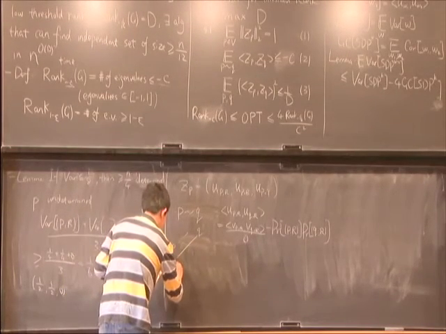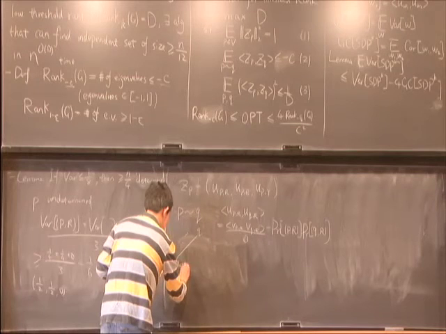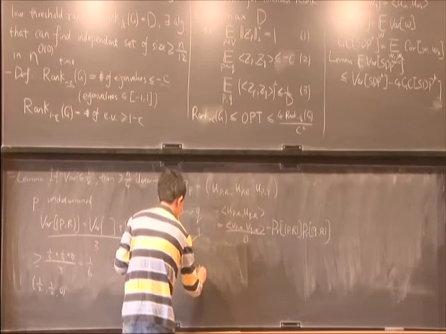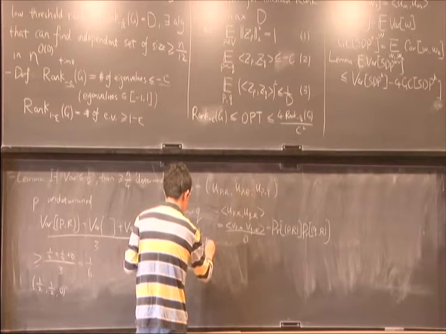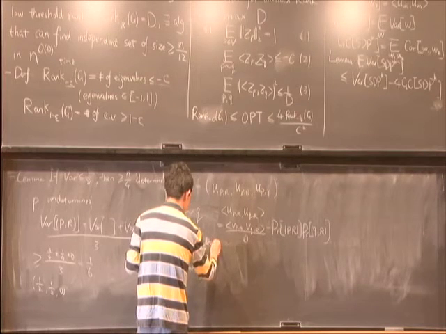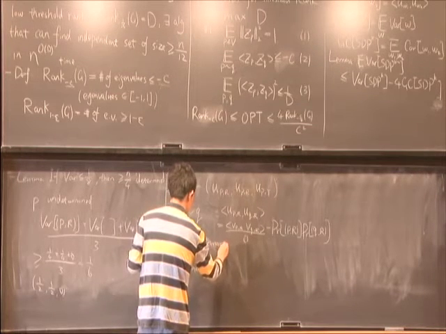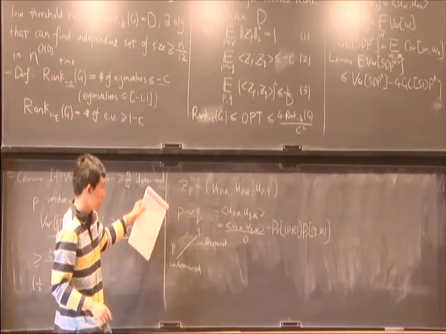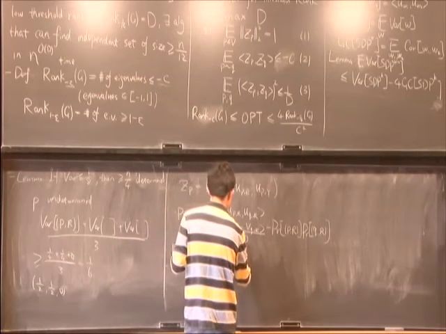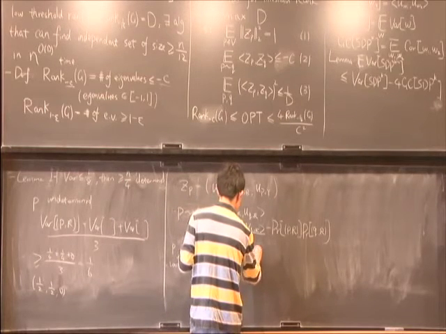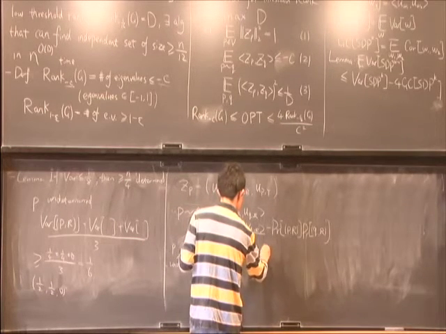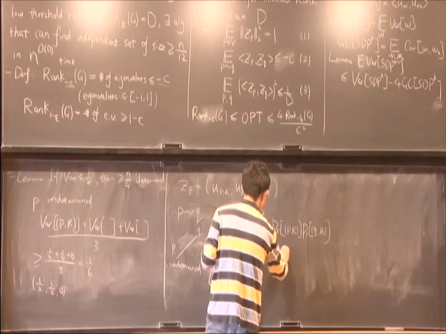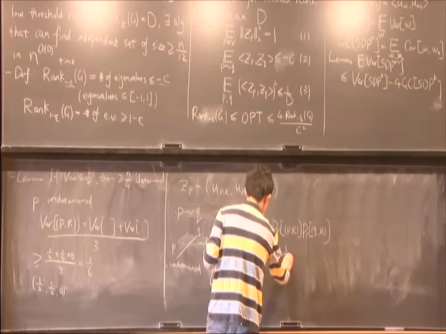But if all of them are undetermined, then we want to show that the ZP inner product with ZQ is smaller than minus 1/4.